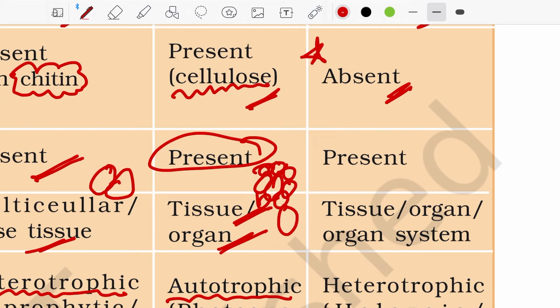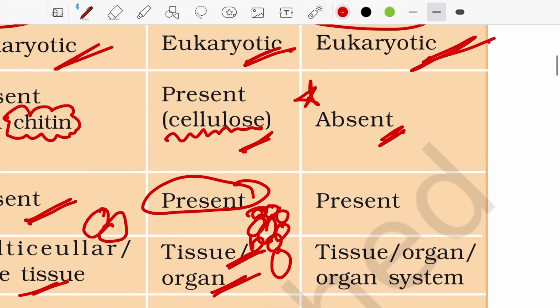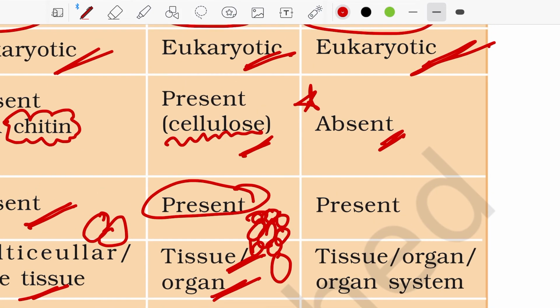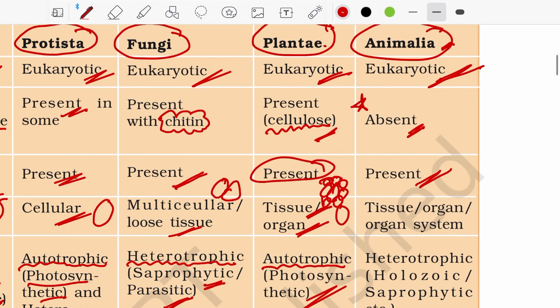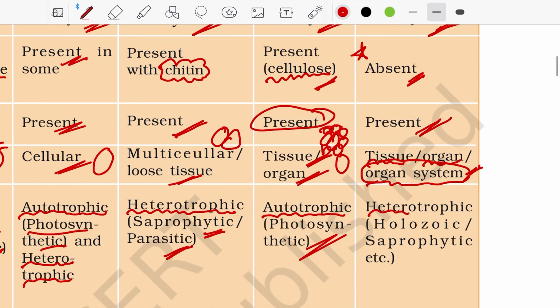It's commonly asked in competitive exams that the organisms in which the cell wall is absent are Animalia. The nuclear membrane is also present. They have a tissue, organ or organ system level of organization. The broadest form of cellular organization is the organ system, and it is present in Animalia. Their mode of nutrition is, of course, heterotrophic.